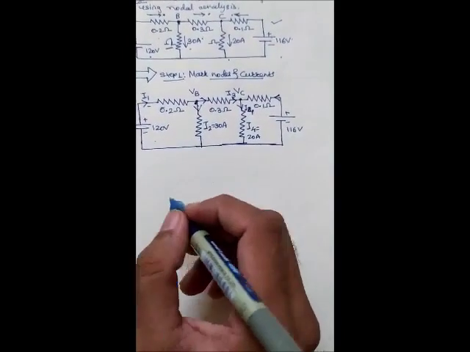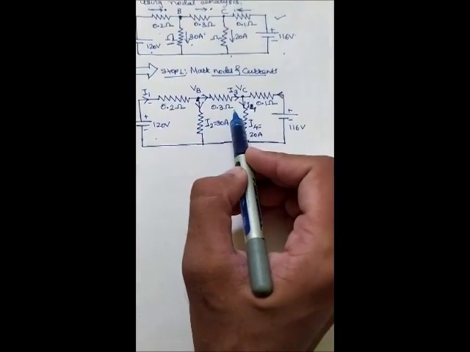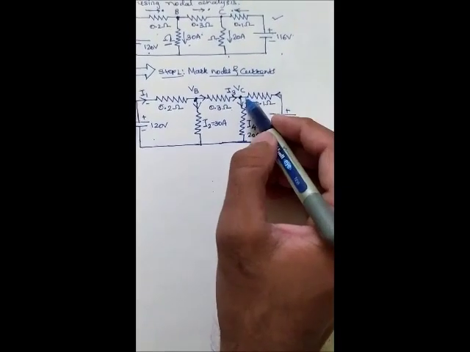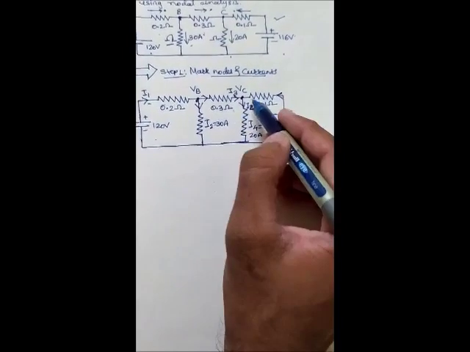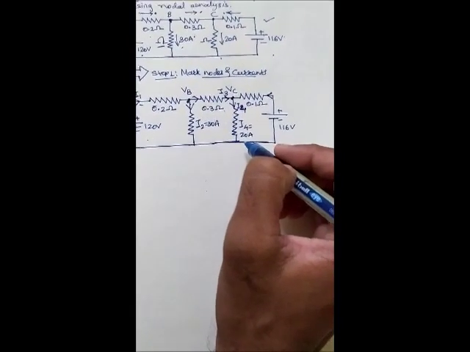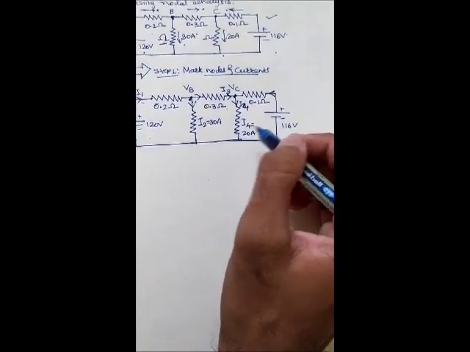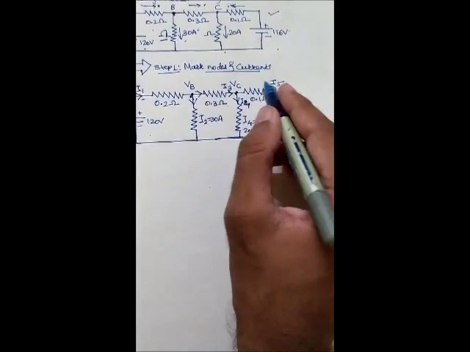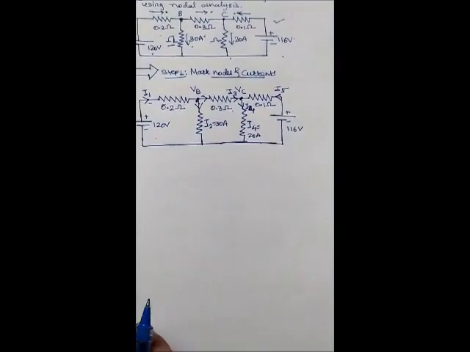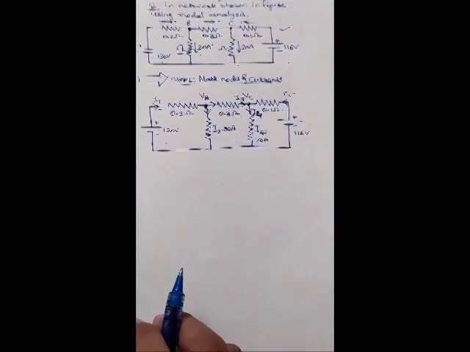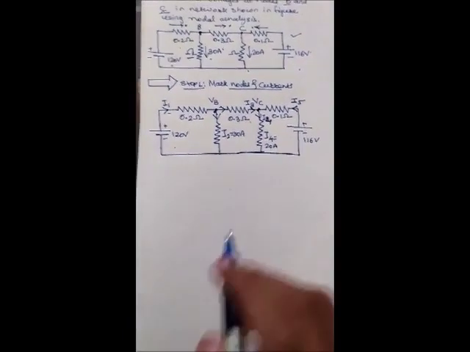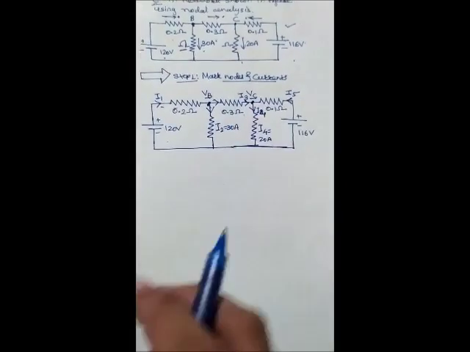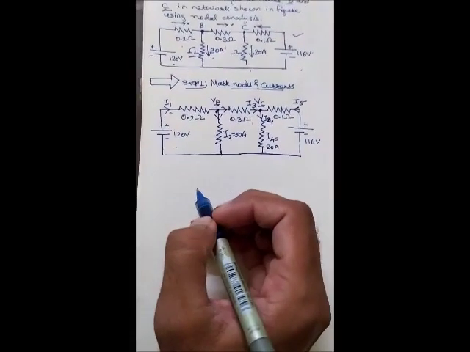This current is I3 flowing through 0.3 ohm again up to node C. At this node C, this I3 current is again divided into I4, and current I5 is coming from this voltage source 116 volts through 0.1 ohm. Now with this direction we have to find out the node voltage at point B, that is VB, and node voltage at point C, that is VC. So this was step 1.